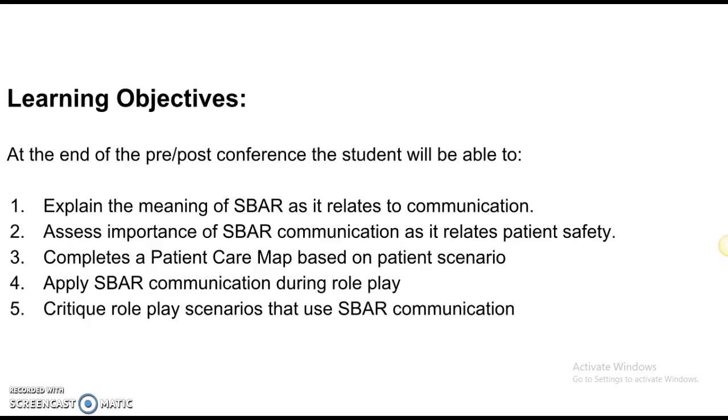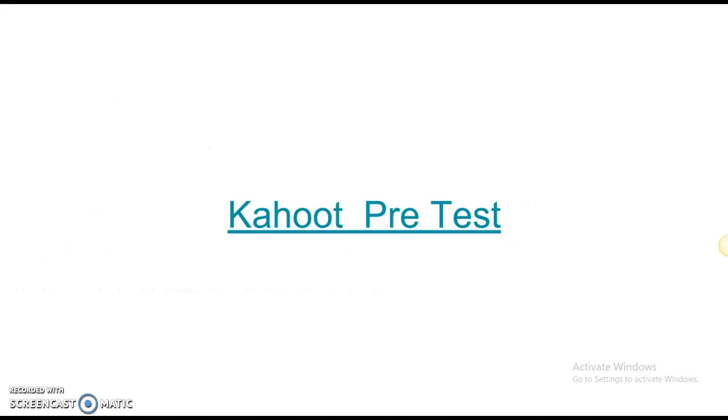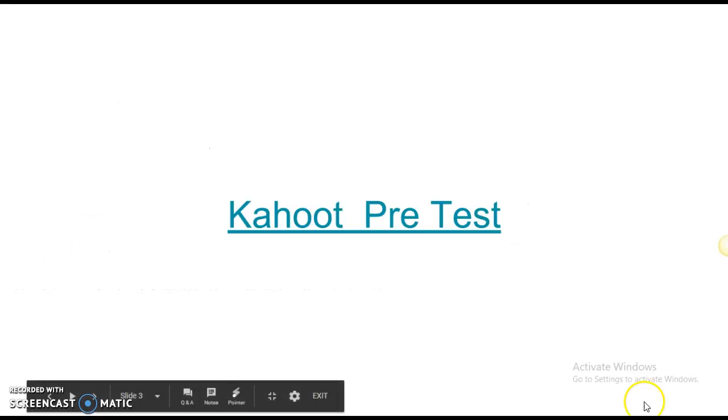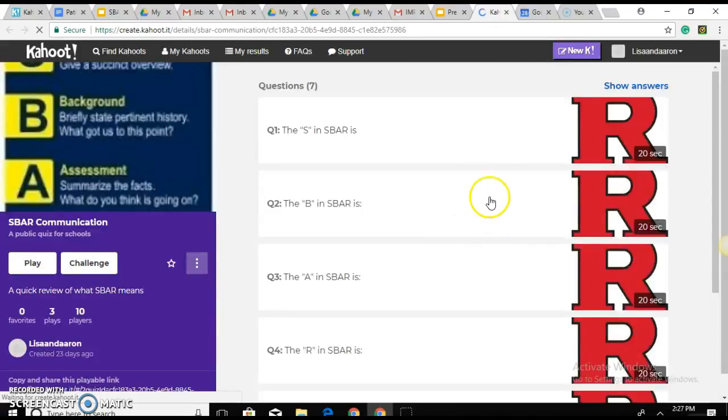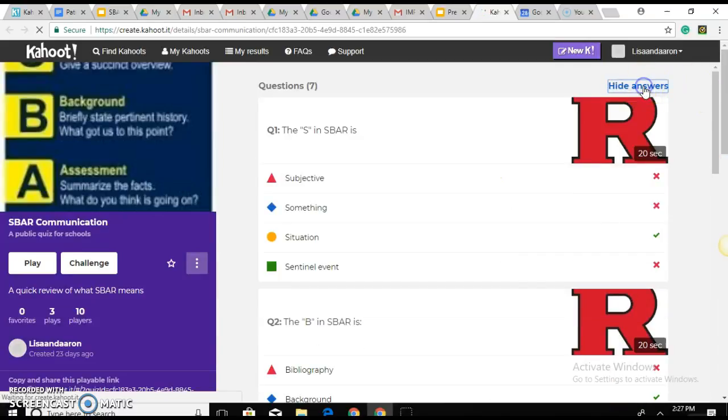So to assess their knowledge of SBAR and what they might already know, I wanted them to take a pre-test, and I used Kahoot to develop the pre-test. So I will just show you the questions that I used in this Kahoot test.